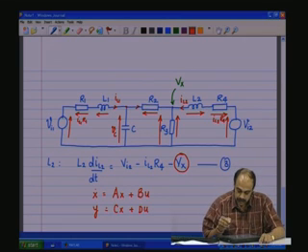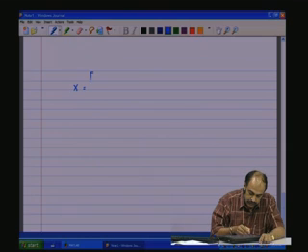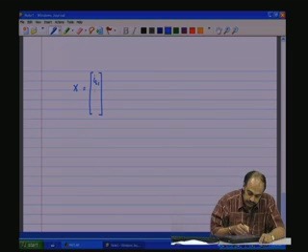In this case, x is the state vector, which is IL1, Vc, IL2.